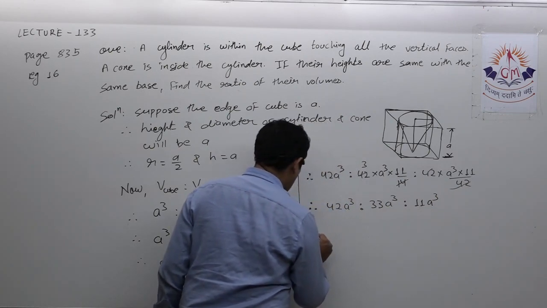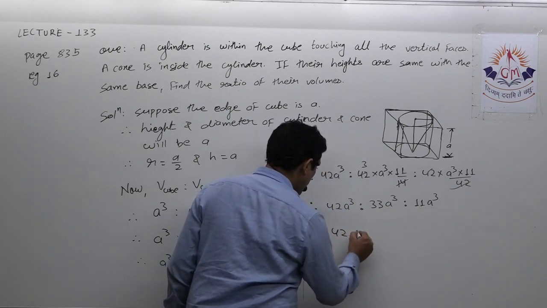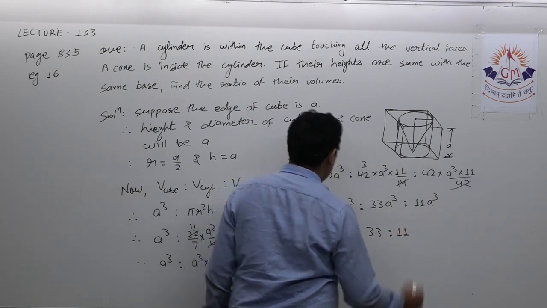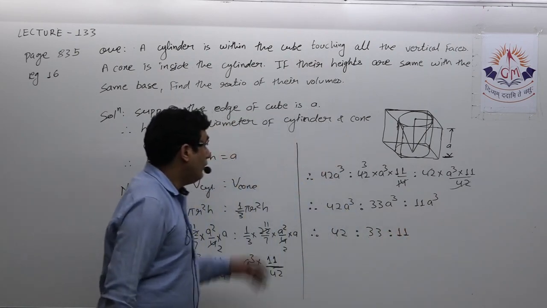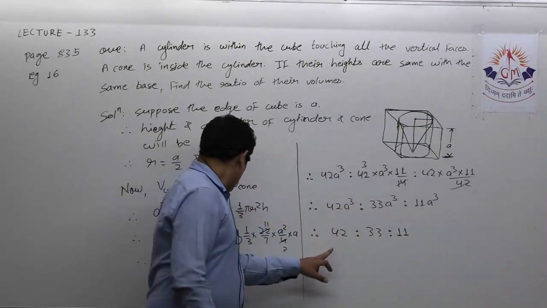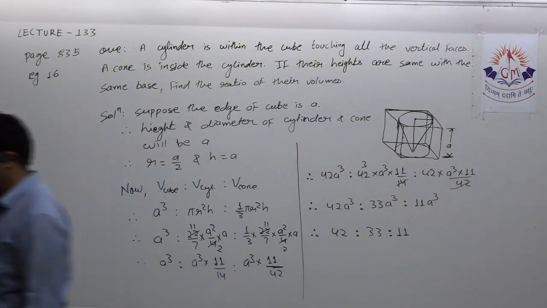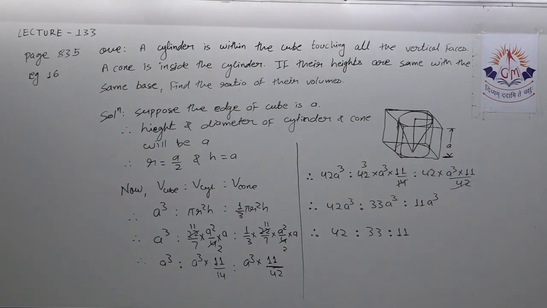So ultimately the final answer is 42 is to 33 is to 11. This is the ratio of the volumes of the cube, cylinder and cone. So please note it down, then we will see the next question.